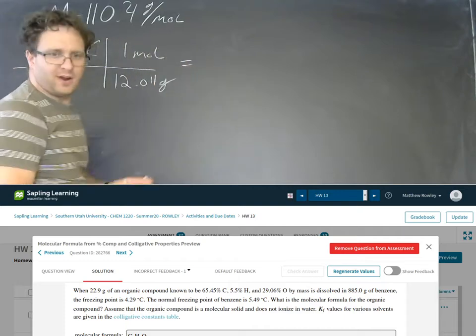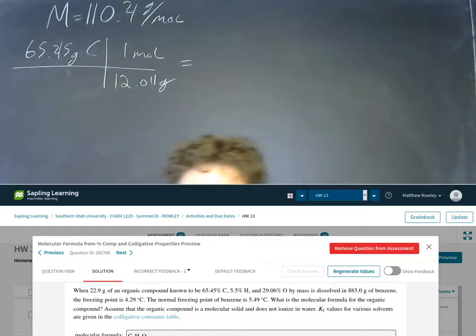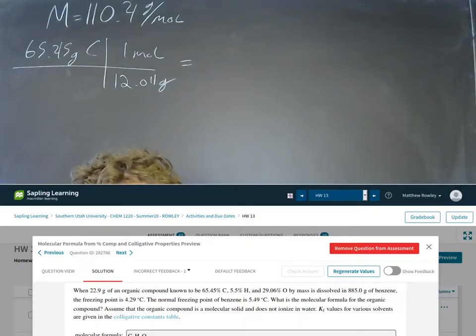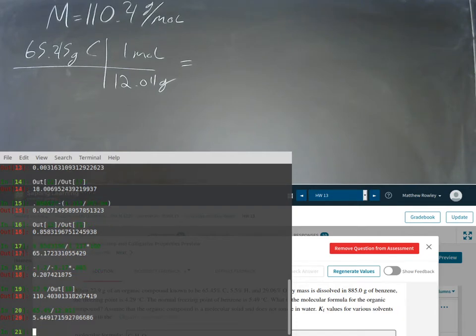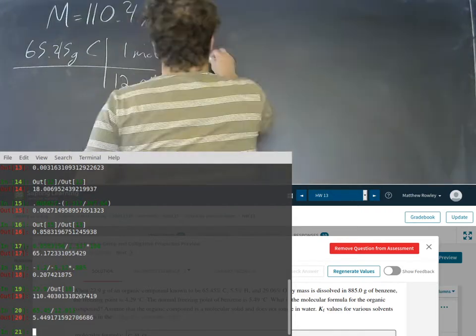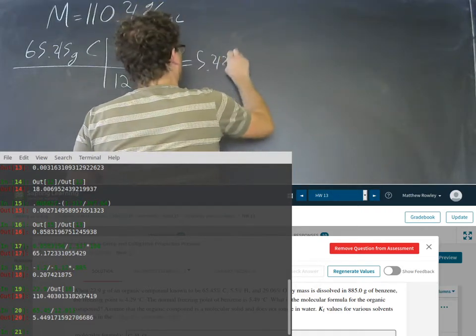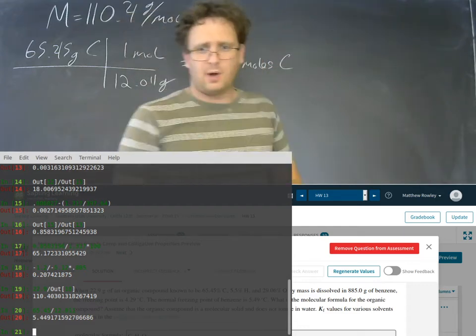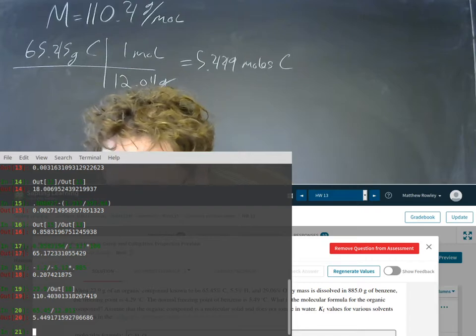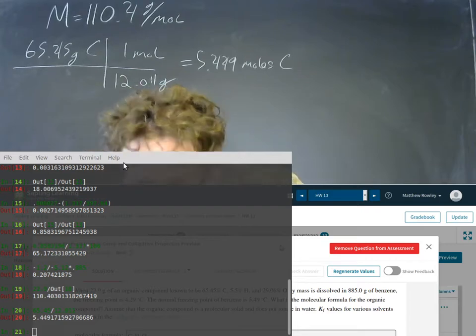So let's figure out how many moles of carbon would be in my hypothetical 100 gram sample. 65.45 divided by 12.011, and I get 5.449 moles of carbon.